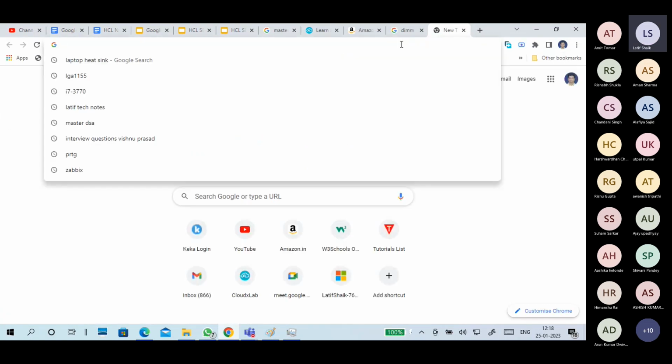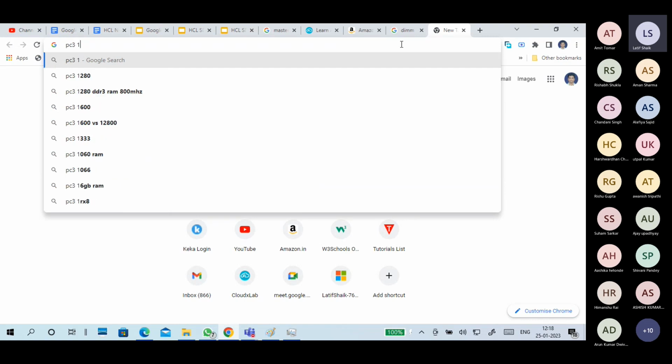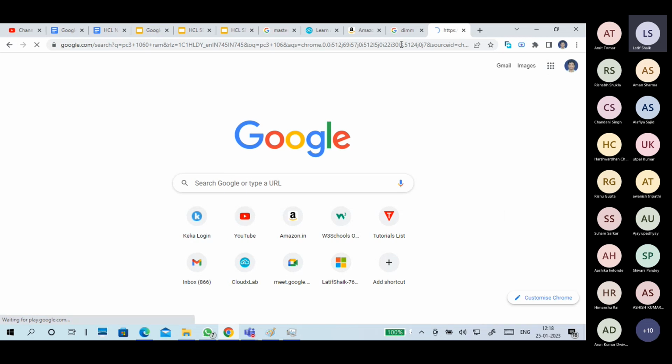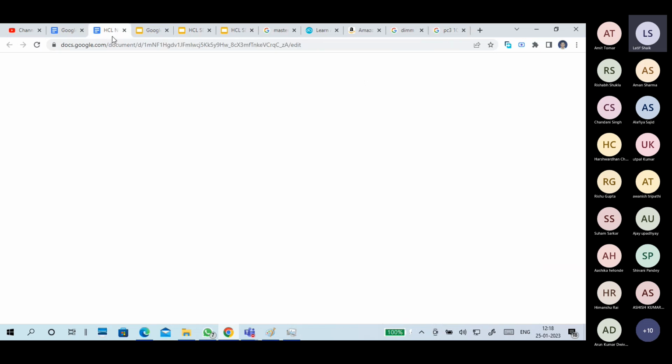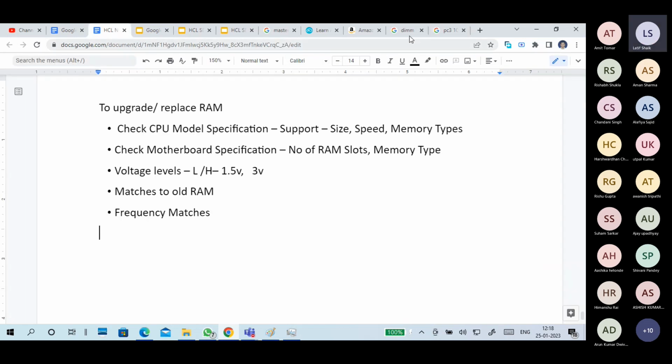You can type PC3 10600S. It is a DDR3 model with 1333 megahertz frequency. From these specifications you will understand what frequency and what type of RAM it is.